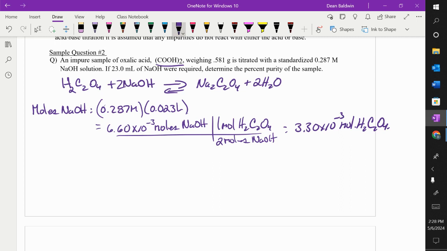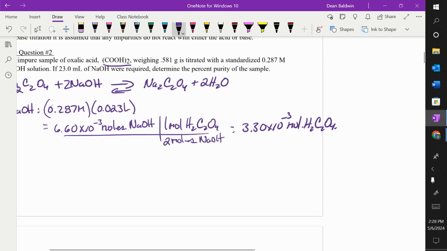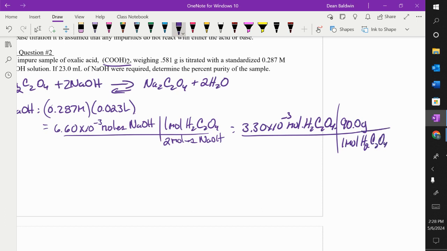I'll tell you, the molar mass is 90 grams per mole. Which gives you 0.297 grams of oxalic acid is how much was in the sample.